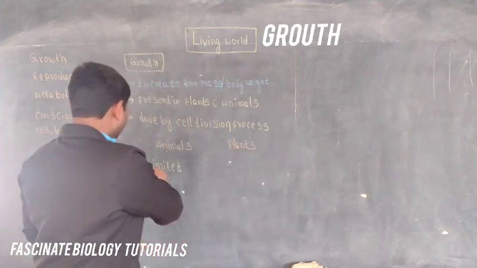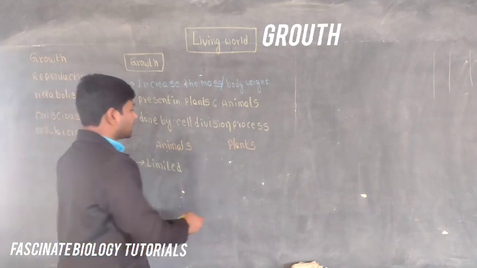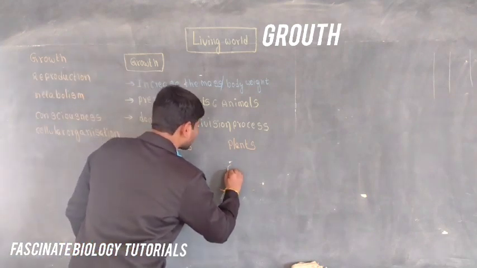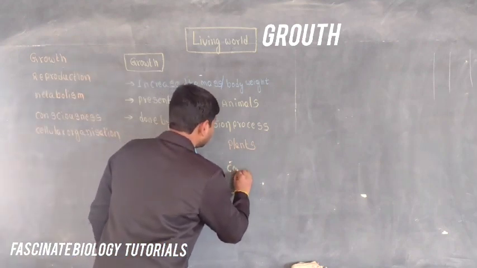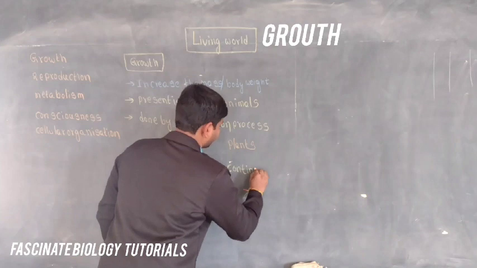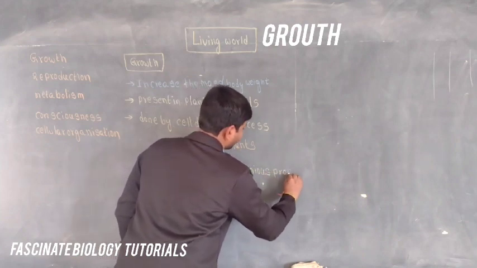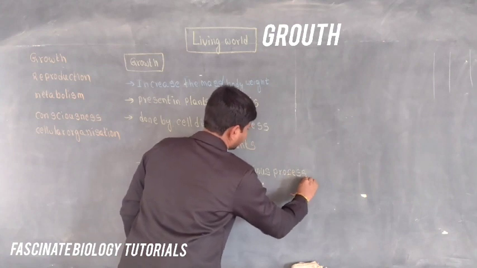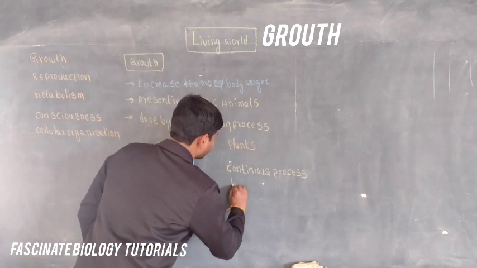That is known as limited or restricted growth. But in plants, growth is a continuous or unlimited process, carried out by meristematic activity.